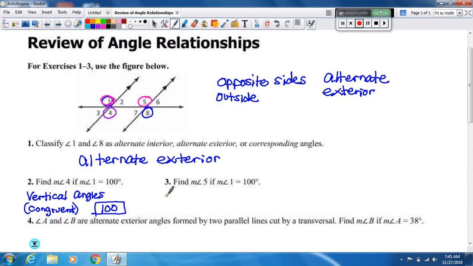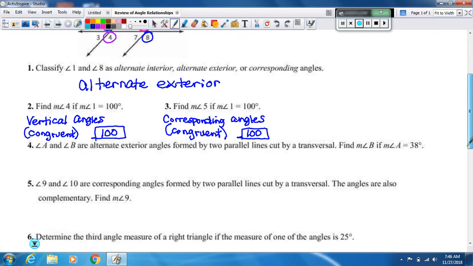These are corresponding angles. Corresponding angles are congruent. So if one of them equals 100, the other one equals 100, because congruent means equal or the same size.